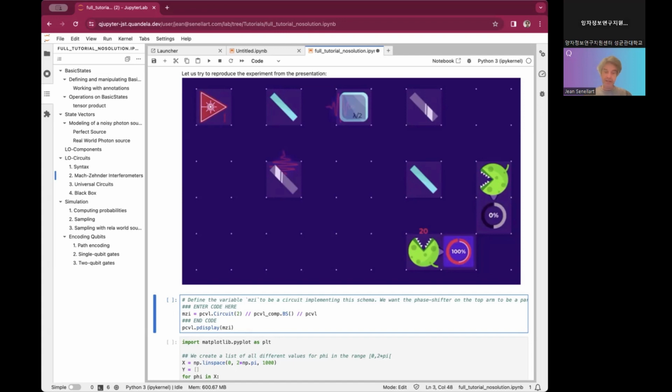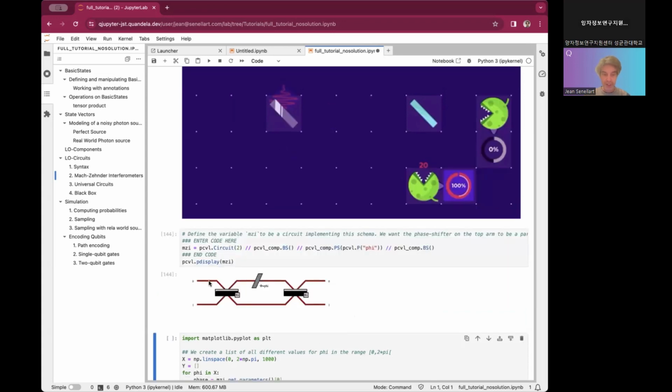We add a phase shifter with a parameter that we call phi. To define a parameter, use pcvl.P, and then we add a new beam splitter at the end. And this one will also be a pcvl comp. So you see it works.